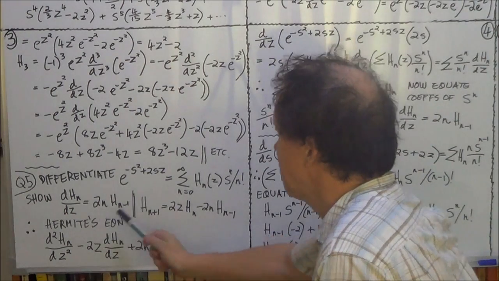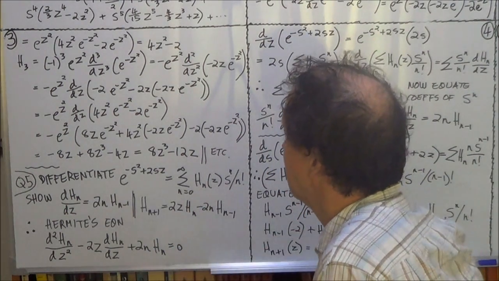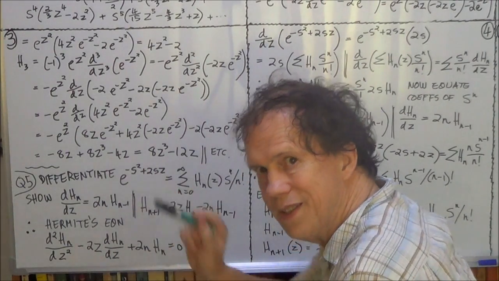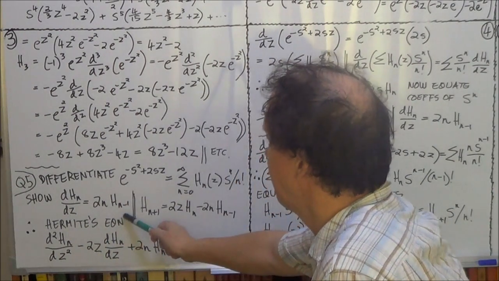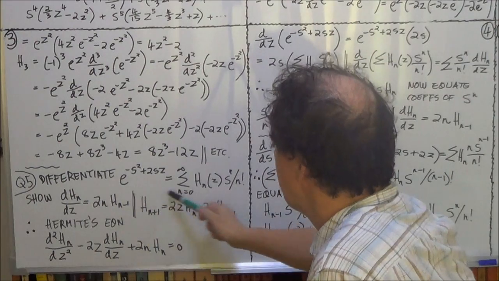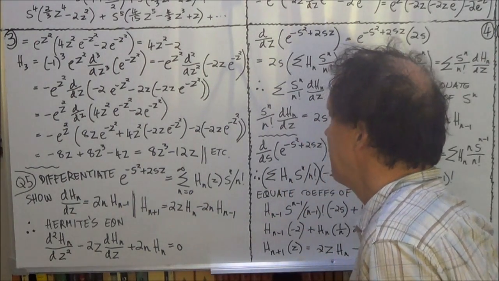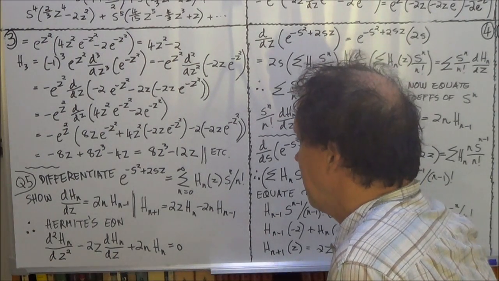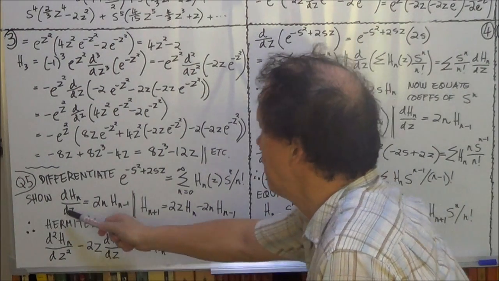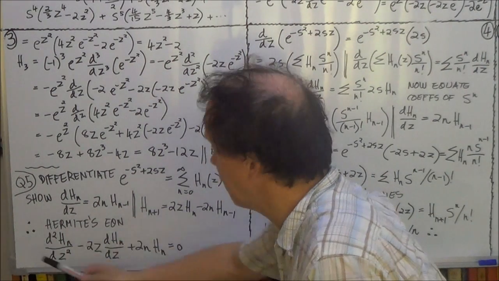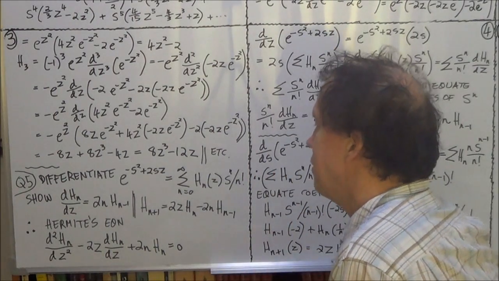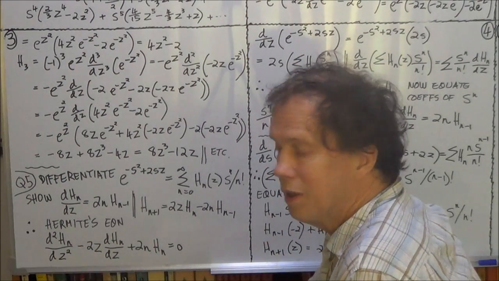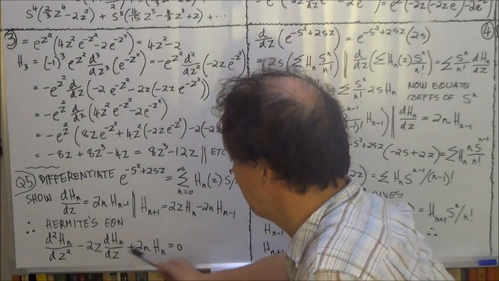If you differentiate this with respect to z, and then equate coefficients of powers of s, you're asked to show this. And if you differentiate this with respect to s, you're asked to show this. Given this and this, you're asked to derive Hermite's equation, which is this.